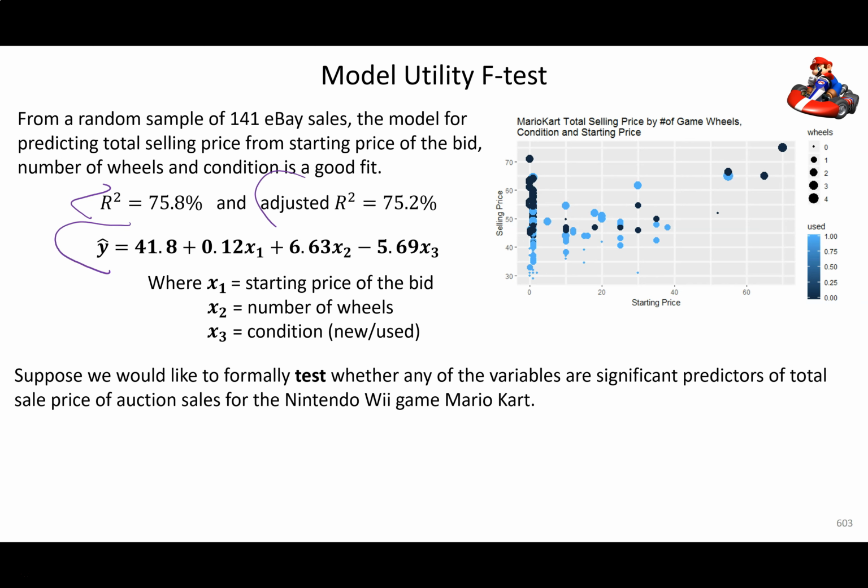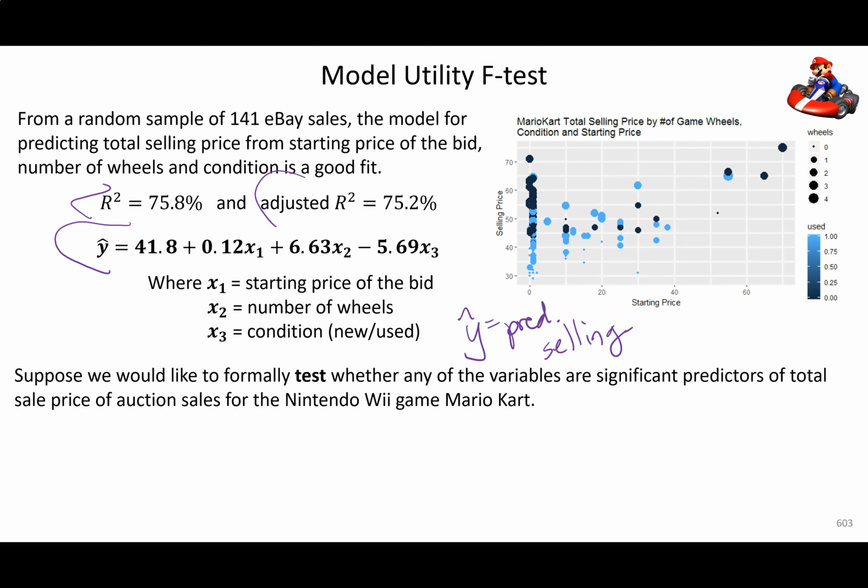So our equation here, it is important also to include, I would say, y hat is the predicted selling price. It is extremely important, I really can't stress enough, to label. If you use y hat, you need to tell me what y hat is. If you use x1, great, but you have to tell me what x1 is. So x1 here is the starting price of the bid in US dollars. x2 is the number of wheels.